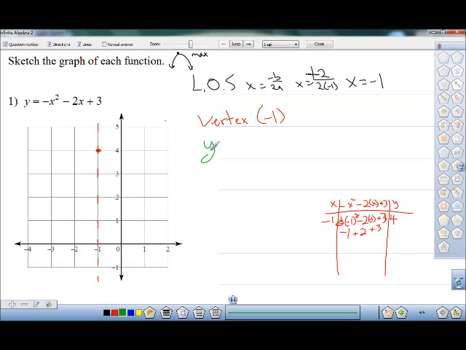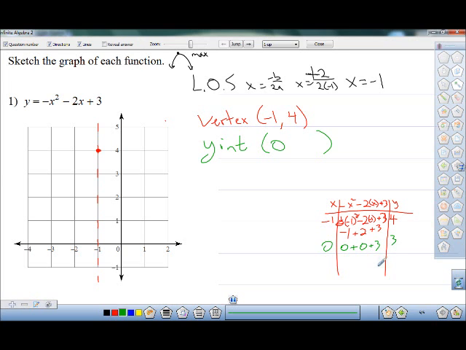Let's find my y-intercept. Really easy one. My y-intercept, I plug in 0. 0. What's 0 squared and made negative? 0. 0 times a negative 2. 0 plus 3.